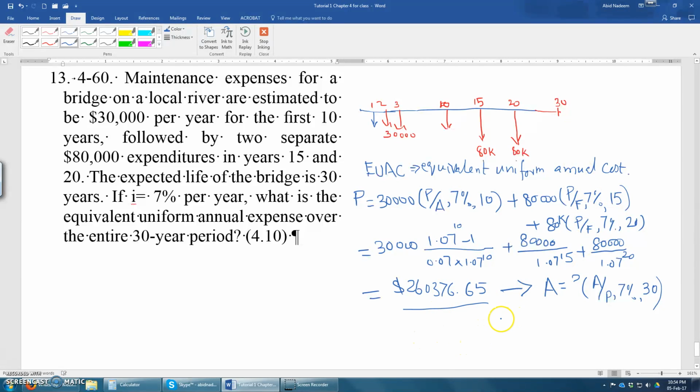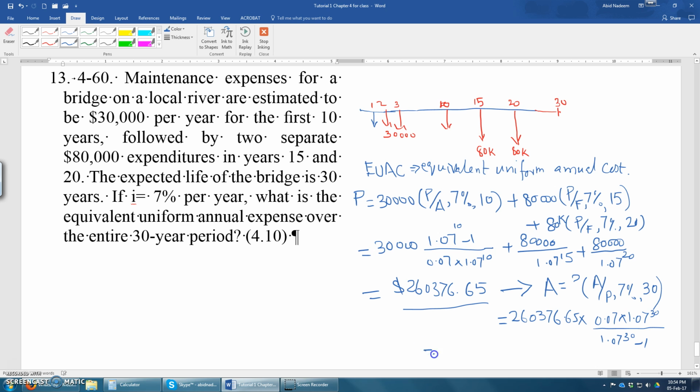So 260,376.65 multiplied by 0.07 into 1.07 power 30 divided by 1.07 power 30 minus 1.